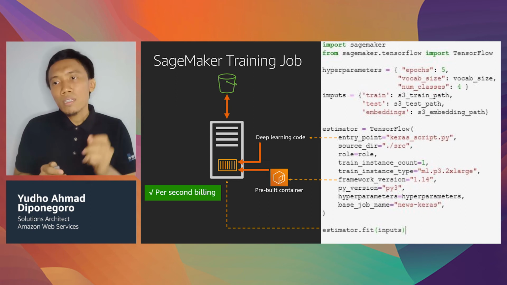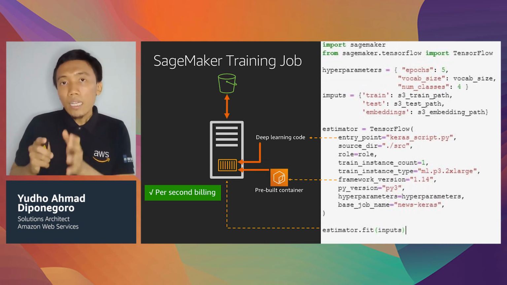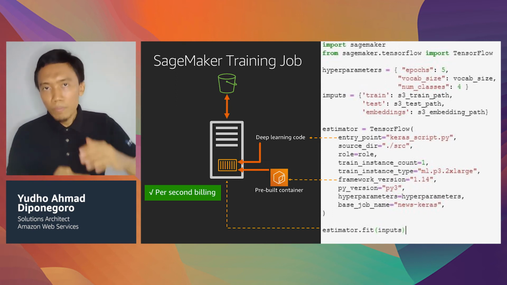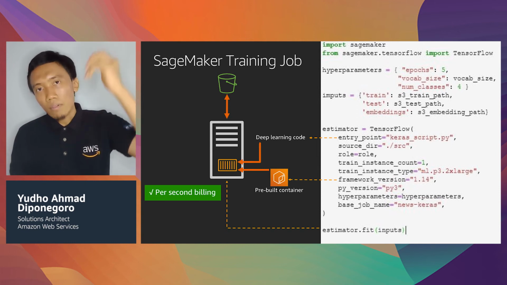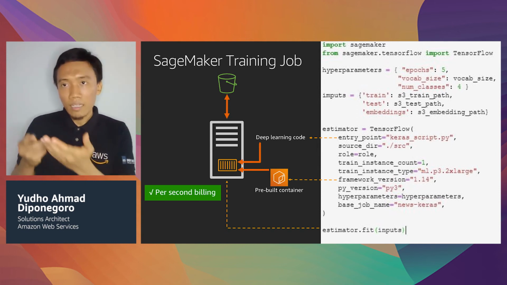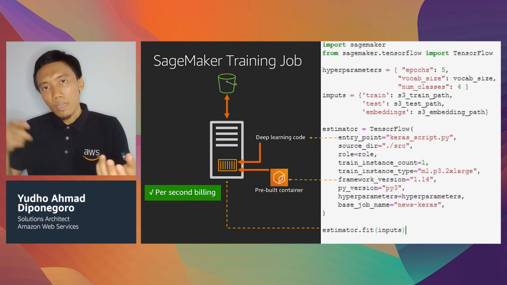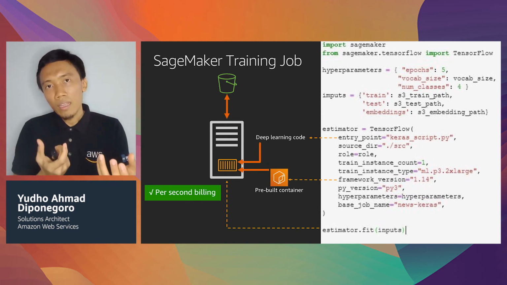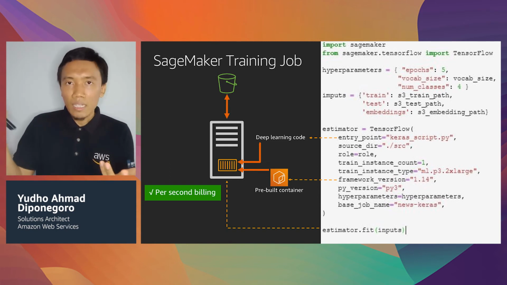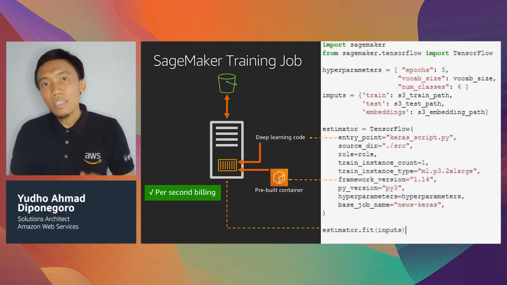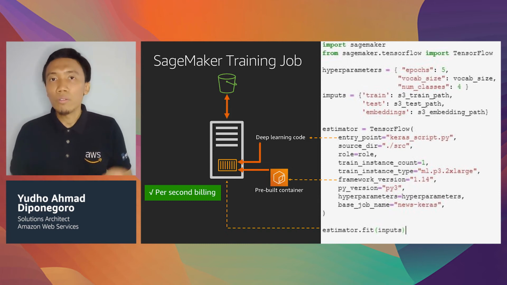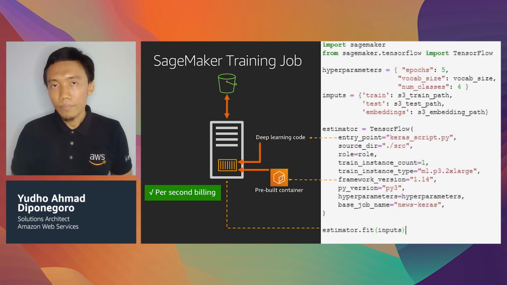All you need to do is call the fit method, and in the background, SageMaker Training Job will spin up an EC2 instance, download the Docker image that has TensorFlow in this case, inject the training code that you uploaded into that container, download the data from S3, run the training job, and upload the result to S3. Then it will terminate itself after the job is done, so that you only pay whenever the job is running, to save some compute cost.